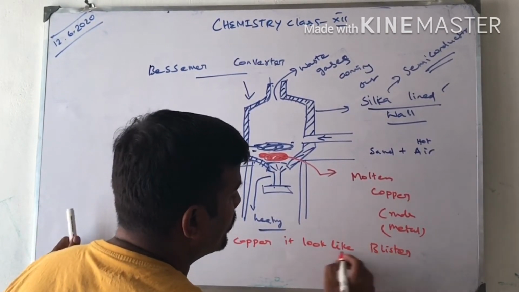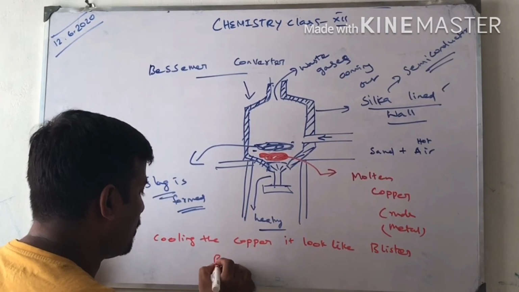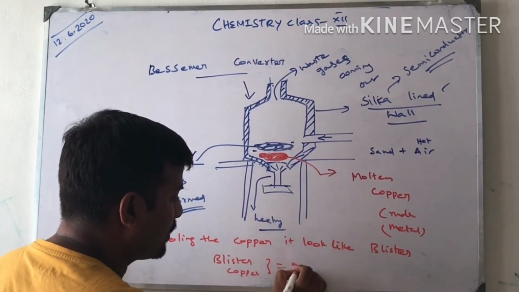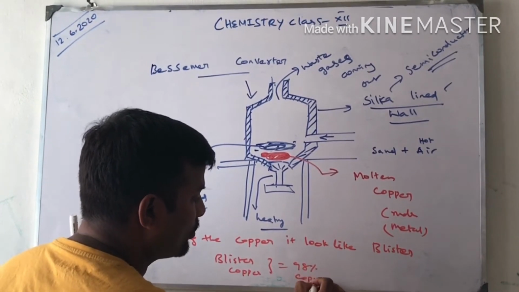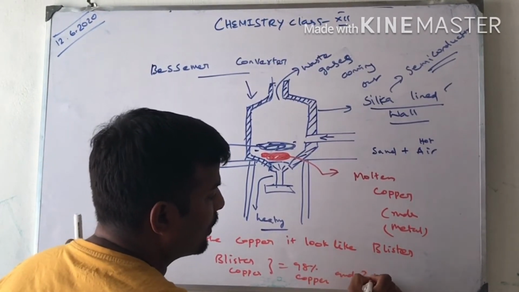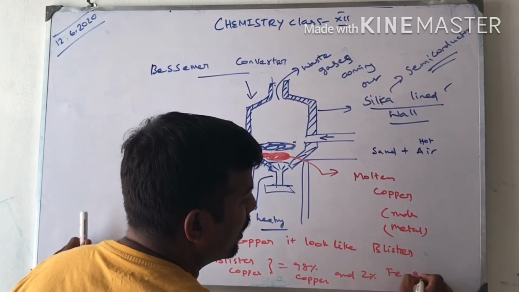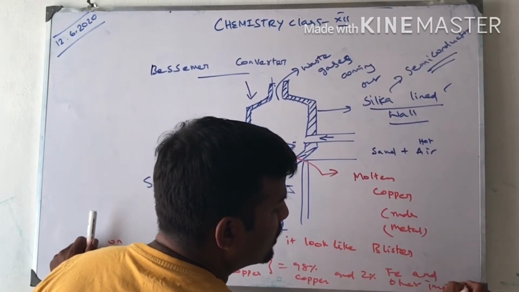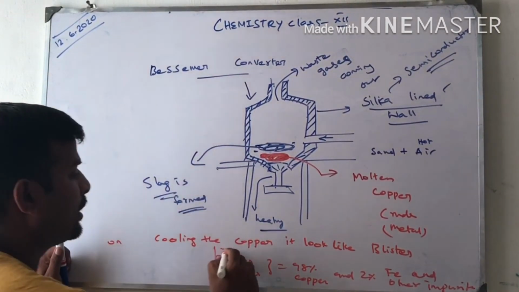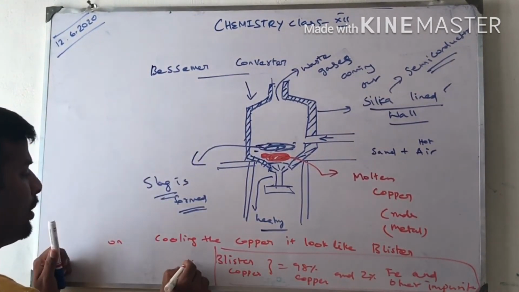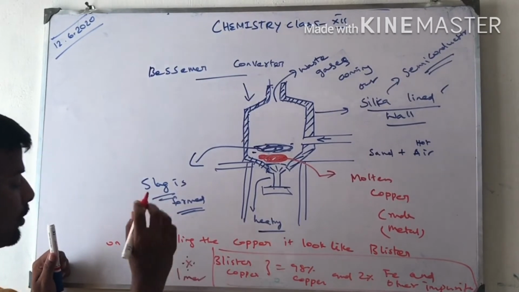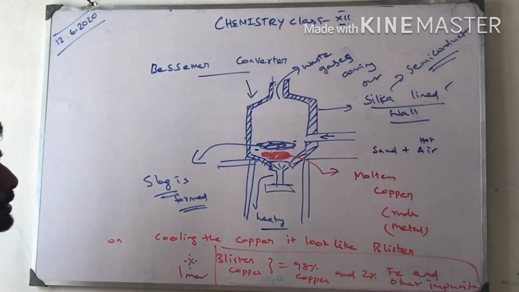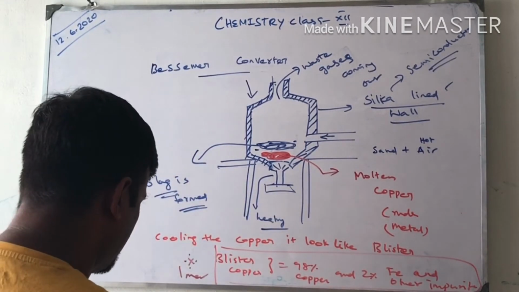So blister copper is 98% copper and 2% iron and other impurities. That is called blister copper. This is important, 1 mark. What is blister copper? 98% copper and 2% iron and other impurities is called blister copper.